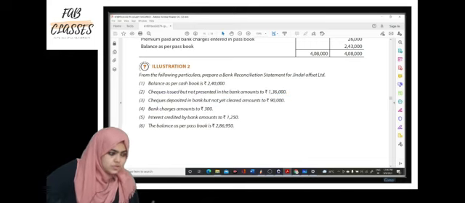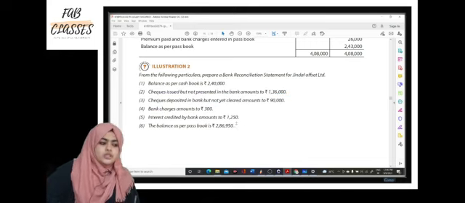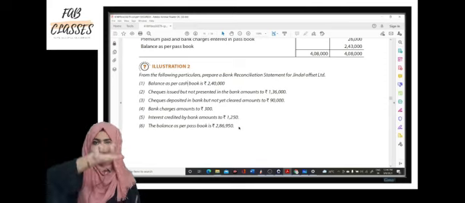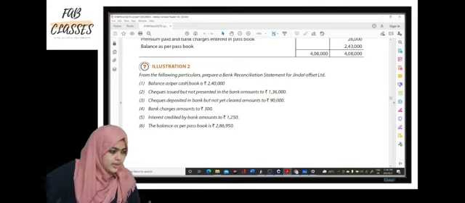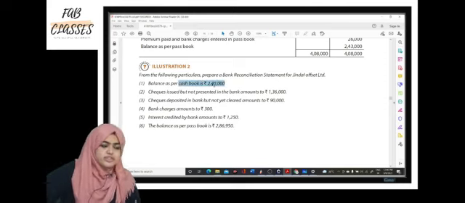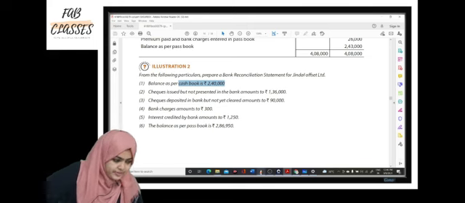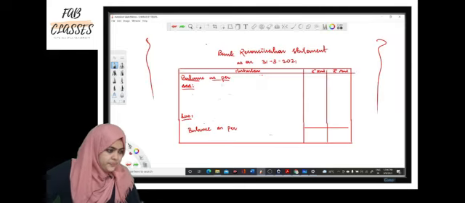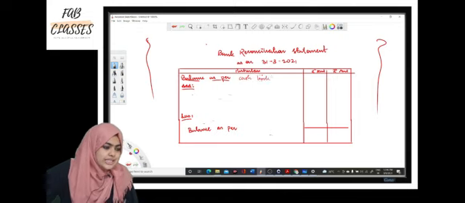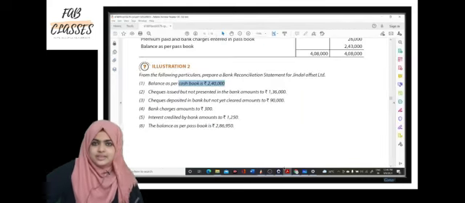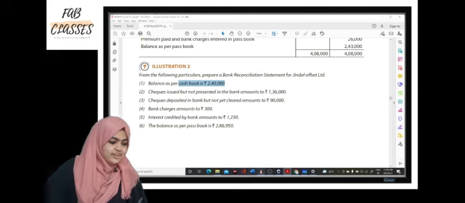Cash book balance is also given, passbook balance is also given. So the first thing which we have to do is first write the balance. Okay, balance as per cash book is given, right? So first we will write the balance as per cash book only. If you want we can take the passbook also. Okay, so balance as per cash book is 2,40,000. 2,40,000 is the balance. Okay, now let's go towards our 5 steps.